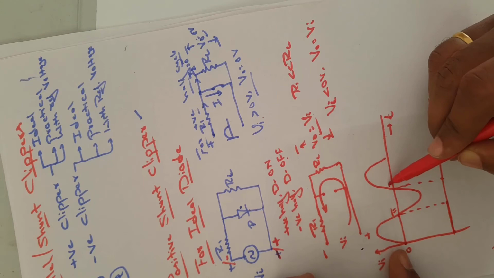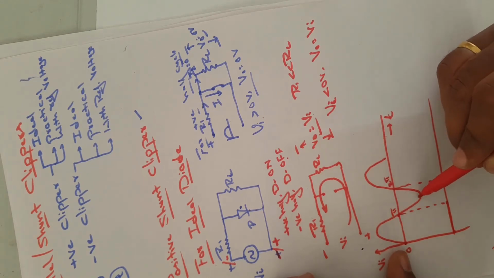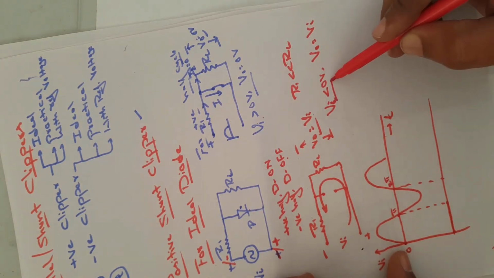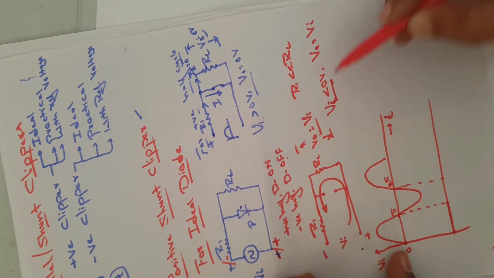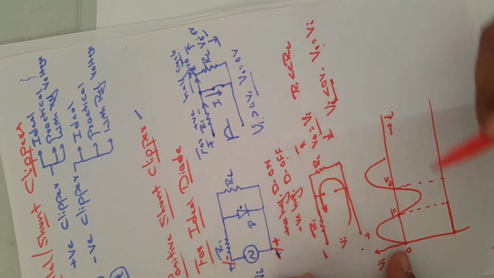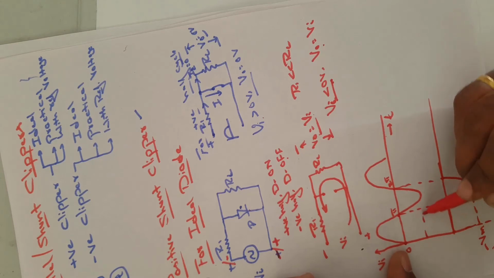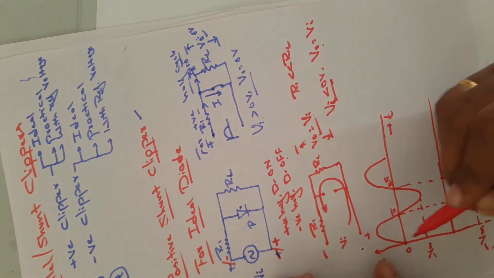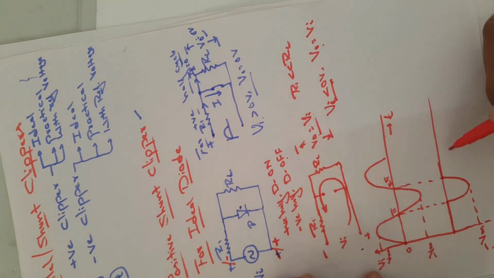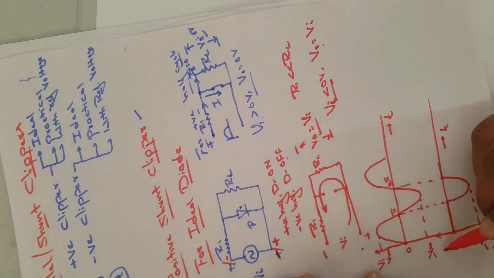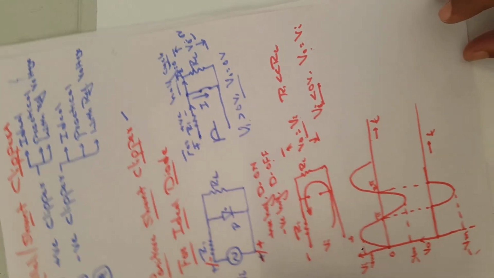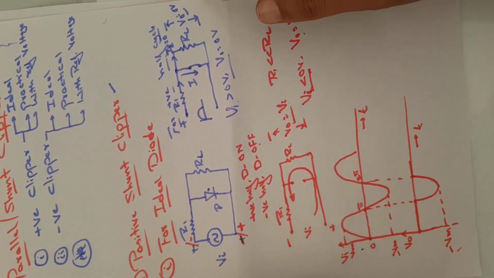And from pi to 2 pi, the input voltage is negative, it means it is less than 0 volts. Since it is less than 0 volts, the output voltage simply follows the input voltage. And the peak is minus Vm, equal to the input voltage. So this is your output waveform for this positive shunt clipper.